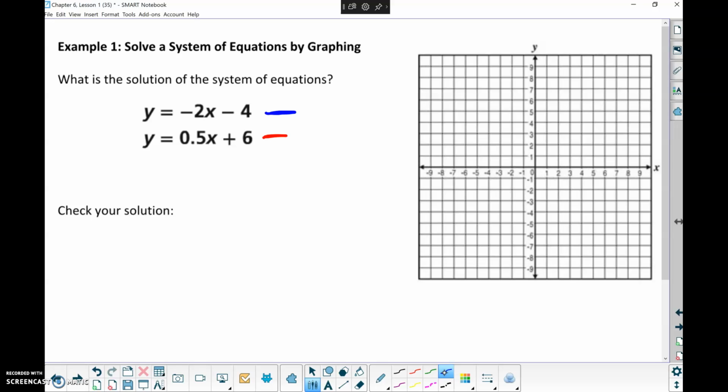So if I graph negative 2x minus 4, where should I start? I'm going to guess. You give it a shot. On the negative 4 on the y-axis. Negative 4 on the y-axis, right. This is our y-intercept.